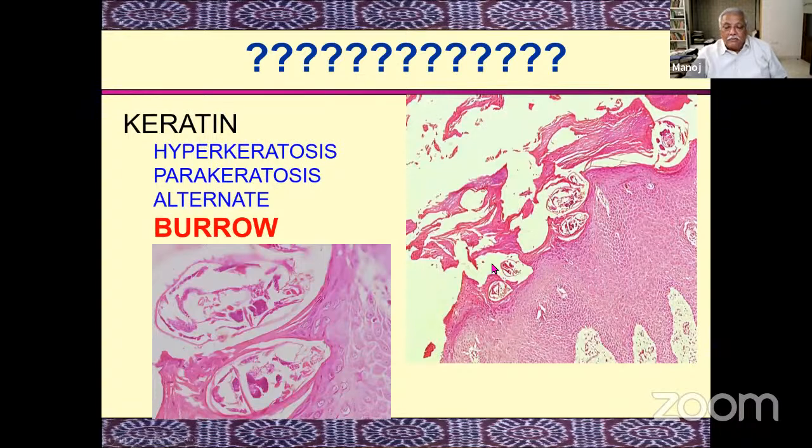And a hole, also known as a tunnel, is actually an indication to the presence of an organism here. This is scabies, and this is the burrow of the scabies, burrow or tunnel of the scabies.